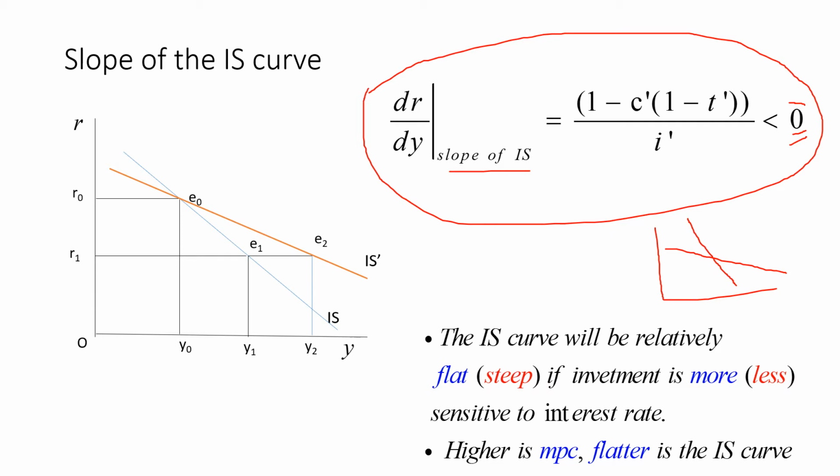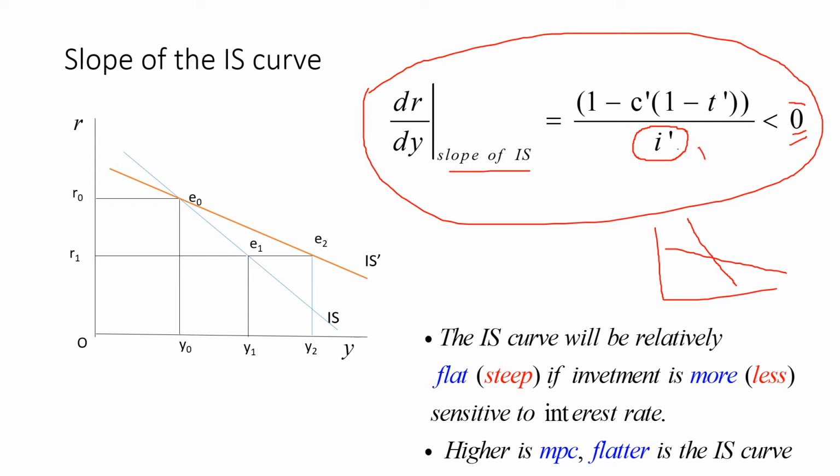So if you consider the expression itself, you will find that there are two factors influencing the value of the slope. One is I prime. Forget about the sign, it is negative, but let's consider the absolute value, because I prime is in the denominator.